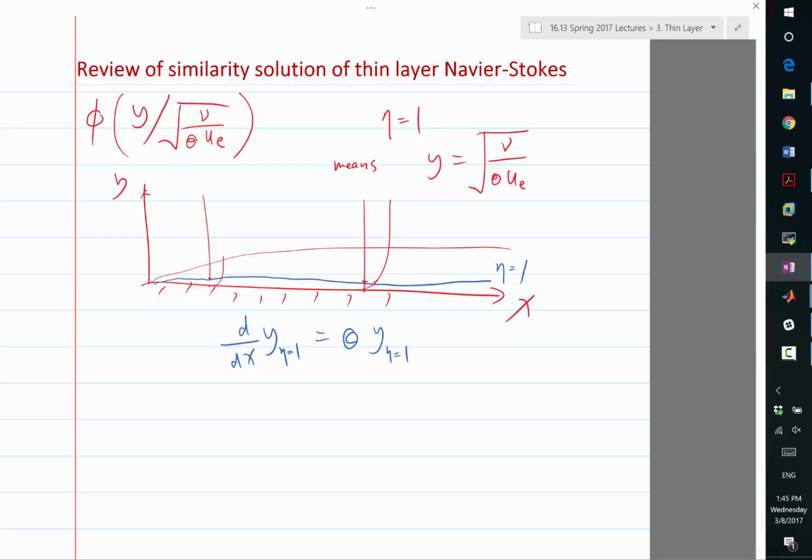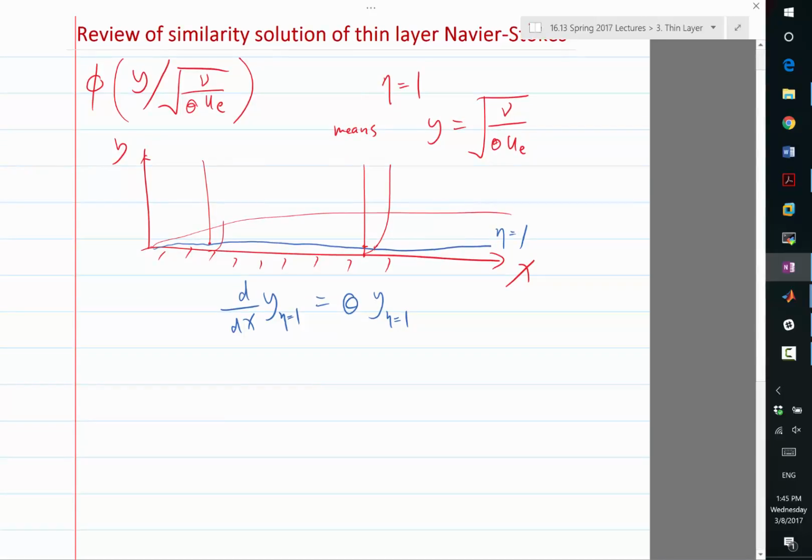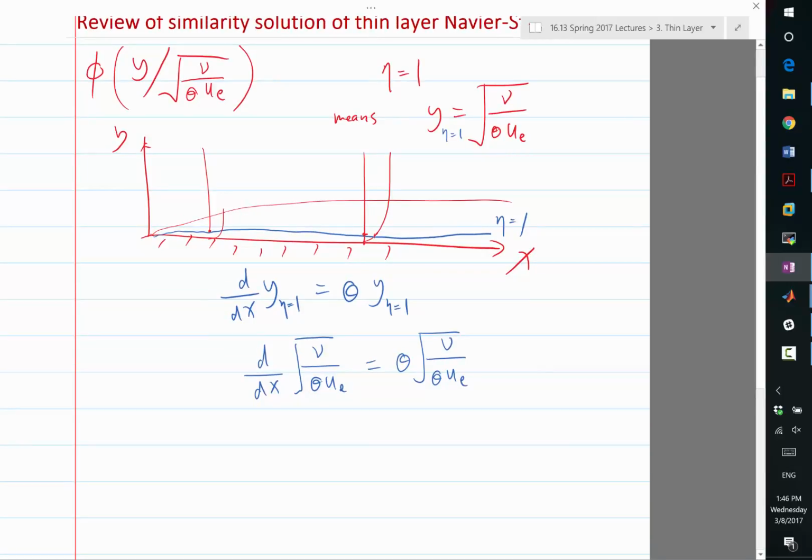This is how the y direction scales. And we know that if we plug in here, y at eta equal to 1 is actually equal to that. So we know that d/dx of the square root of nu over theta ue is equal to theta of nu over theta ue. All right, make sense?